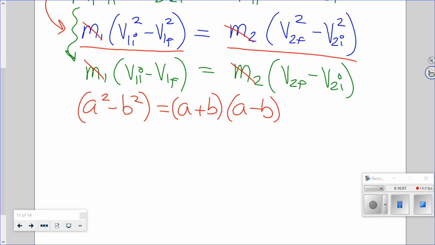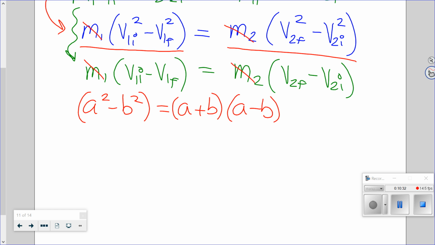I have v1 initial plus v1 final, and I have v1 initial minus v1 final. I didn't quite want to mess with the negative signs yet because of that. See how they're written in the same order? It's tricky. If I played with the negatives, I might lose one somewhere. Don't trust myself. Maybe you're amazing mathematicians, you could do it.